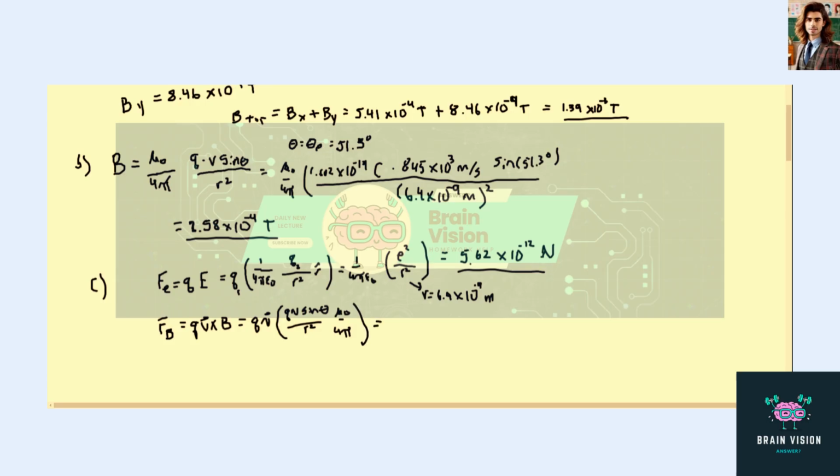Working the math out here, we get that this is equal to mu naught over 4 pi, e squared v squared over r squared.